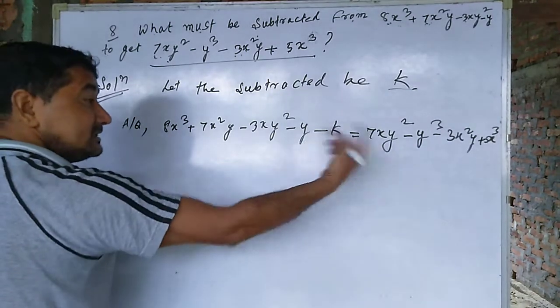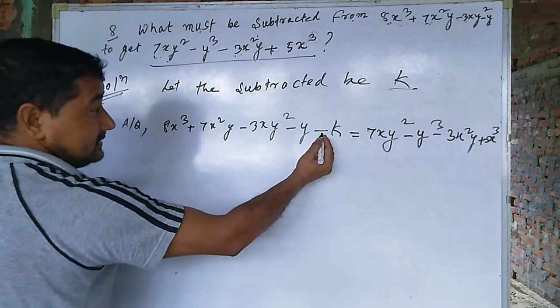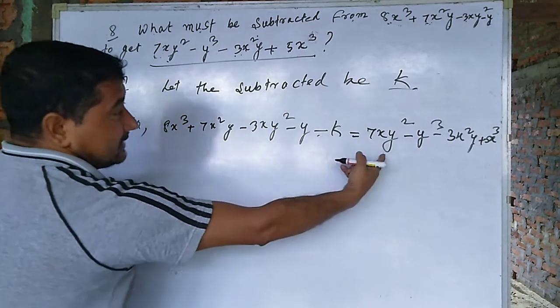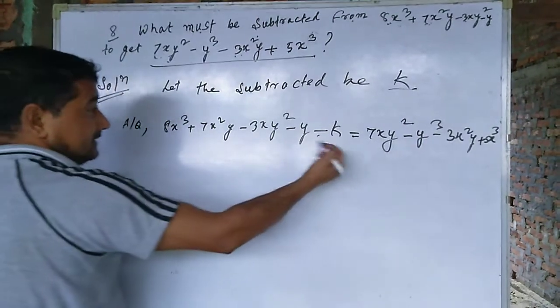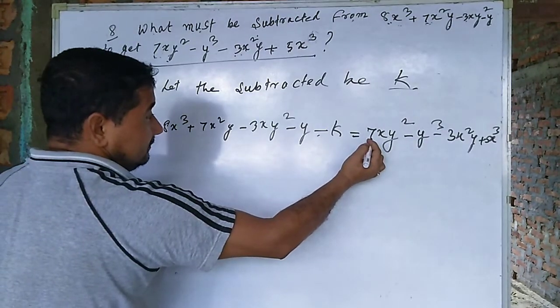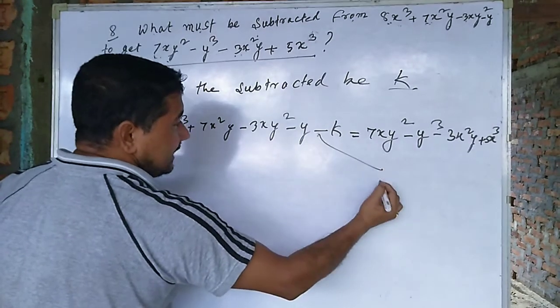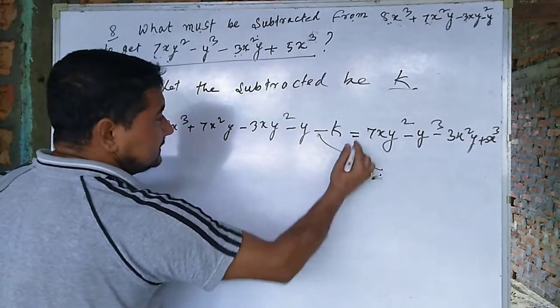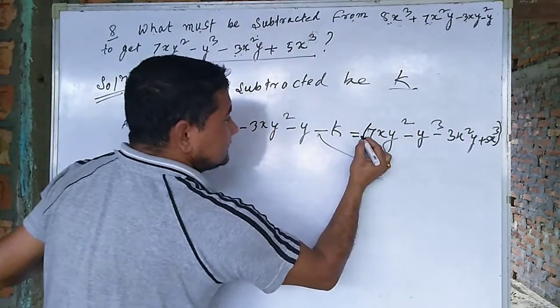Now k will be changed to this side: minus k, you take this side, minus will be plus, and this term will come to the left hand side, and this k value will be taken to the right hand side. Minus will be plus. And this one plus, you will give a bracket for the whole; plus, you bring minus.